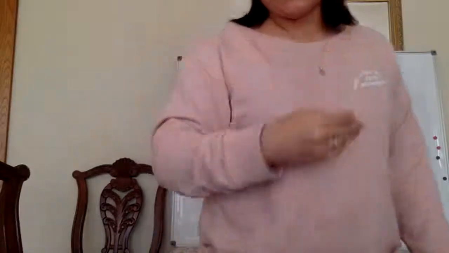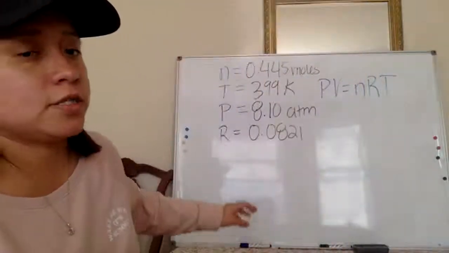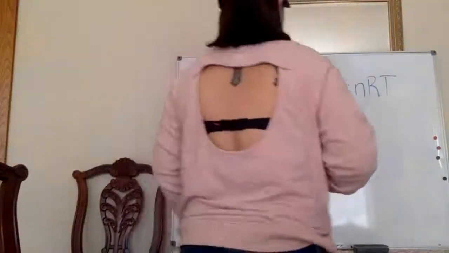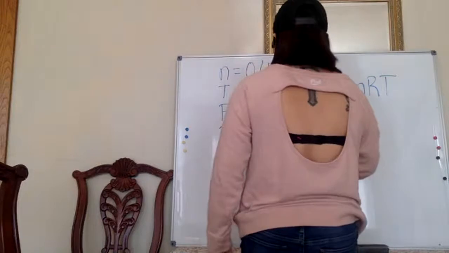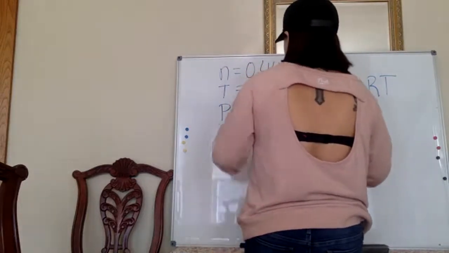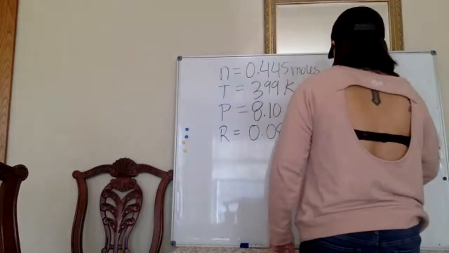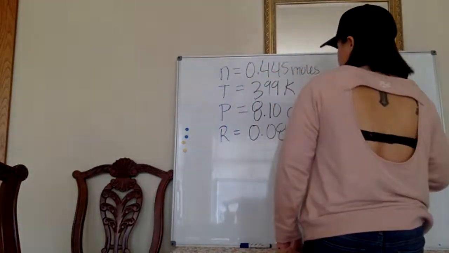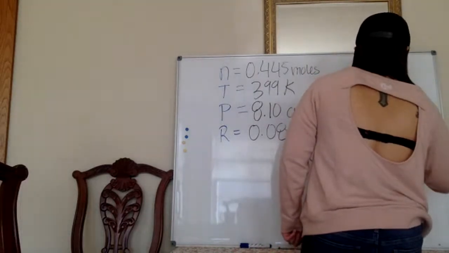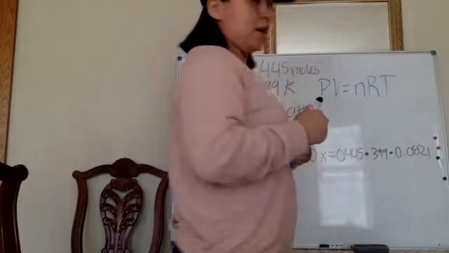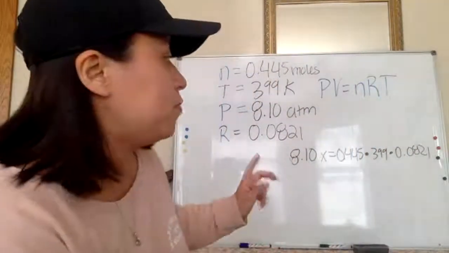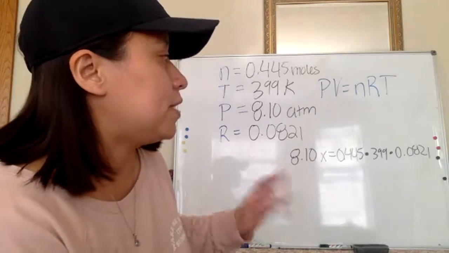All right, that's your R. So now you can plug this all in and solve for V. It's going to be pressure 8.10 times volume, which is going to be your X. Your N is 0.445 moles times your T, which is 399, times your R, which is 0.0821. Remember, the numbers are all on the right-hand side.